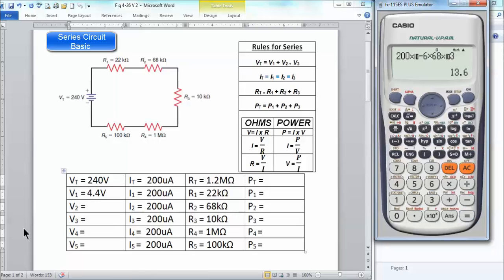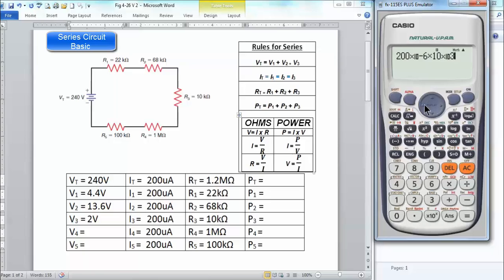Current stays the same, tells me that I have a voltage drop of 13.6 volts across V2. V3, I'm going to go up here again, change my resistor value to 10 k ohms, and my third voltage should be 2 volts.